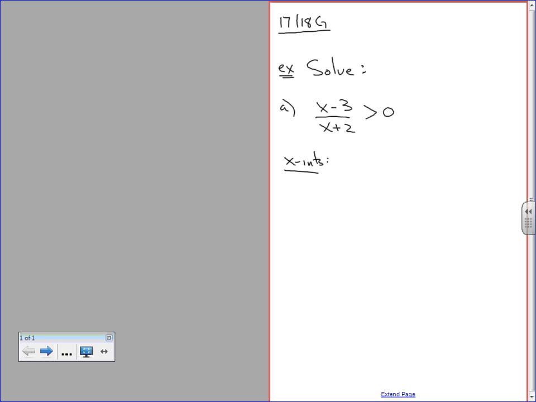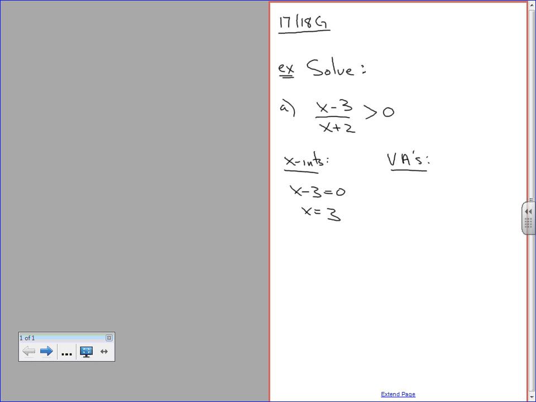So to determine the x-intercepts and the vertical asymptotes, how do I determine the x-intercepts of a rational function? What do I do? Yep. And so essentially what am I doing? I'm setting the numerator equal to 0. You set y equal to 0, right? So you're right. So take whatever's on the top and set it equal to 0.